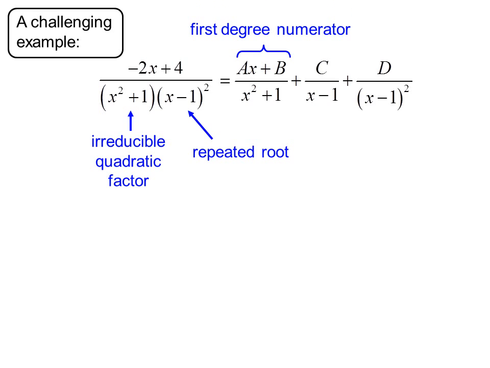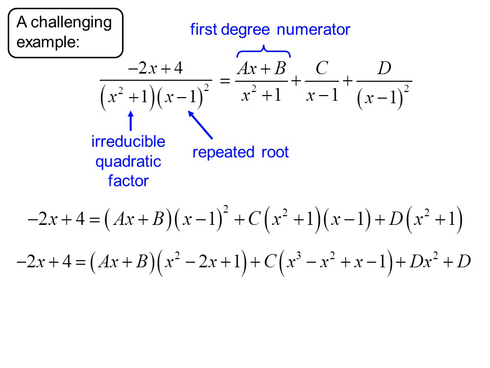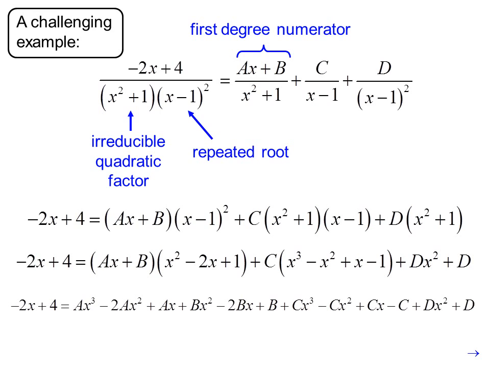We have a first degree numerator. We multiply through by the common denominator to clear the fractions. Then we expand and expand again. Obviously, if we were doing this by hand, we'd have to do it very carefully.